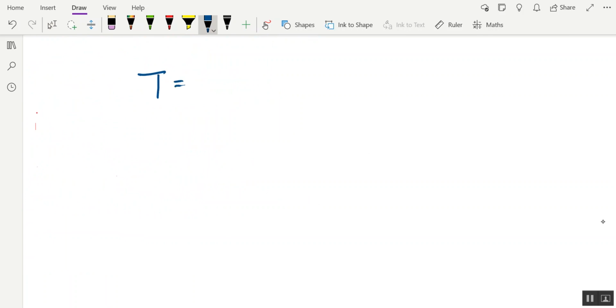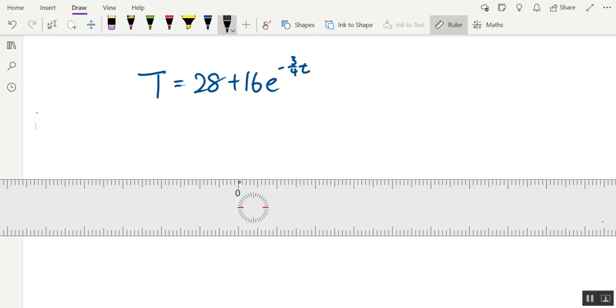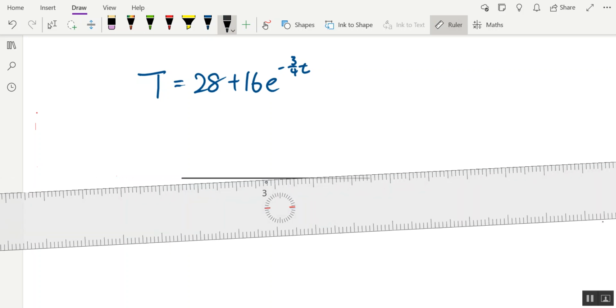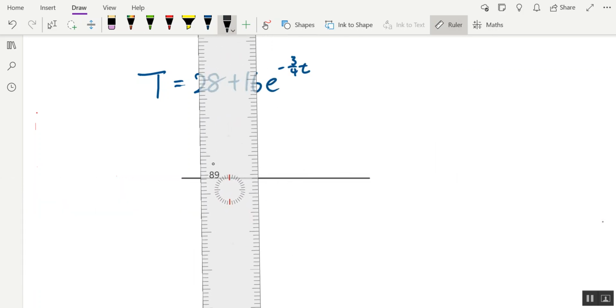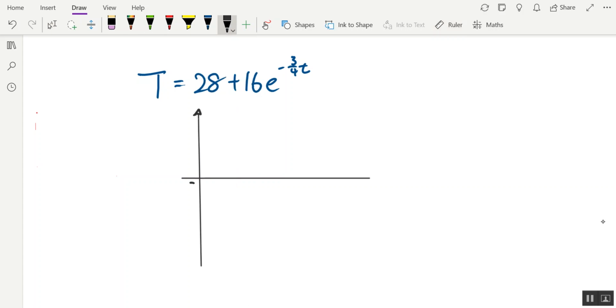So big T equals 28 plus 16e power negative 3 over 4t. First, use your ruler to draw the axis, x-axis, y-axis. When it's talking about small t kind of graph, we are only looking at the positive part because time is only positive.